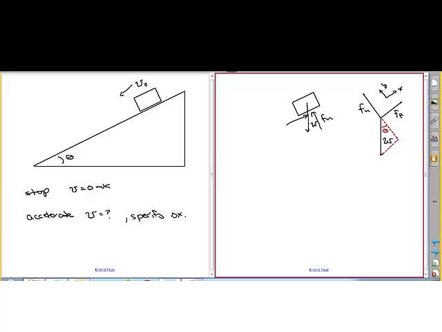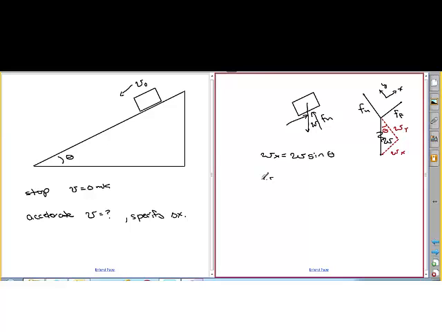Because you see, if I rotated this thing this way, the angle gets smaller. So this is W sub y, and this is W sub x. So we know that, and so we're going to mark that out and replace it with the component. So W sub x is equal to W times the cosine of the angle, or the sine of the angle, because it's the opposite side.